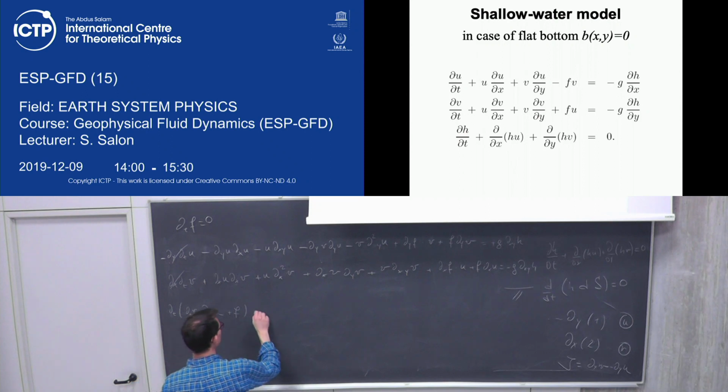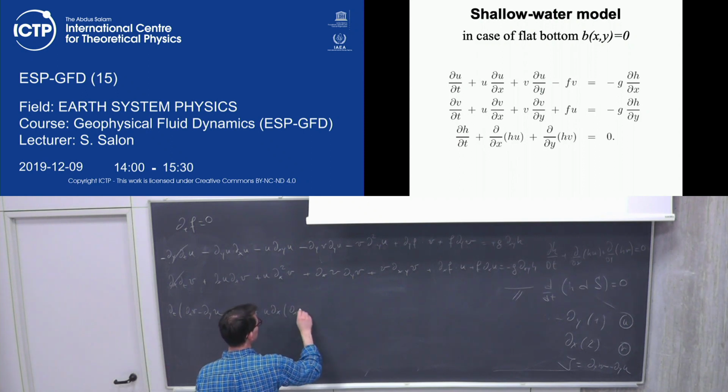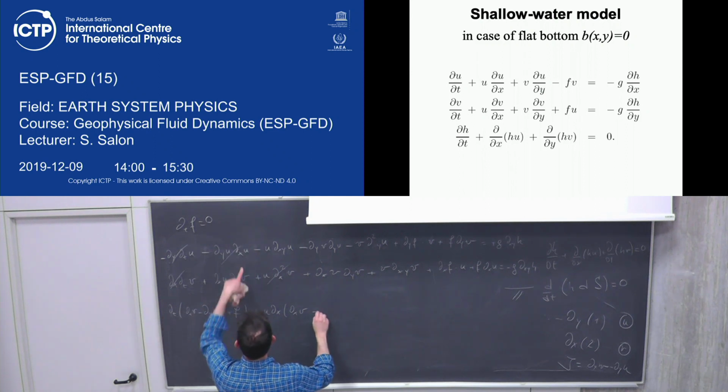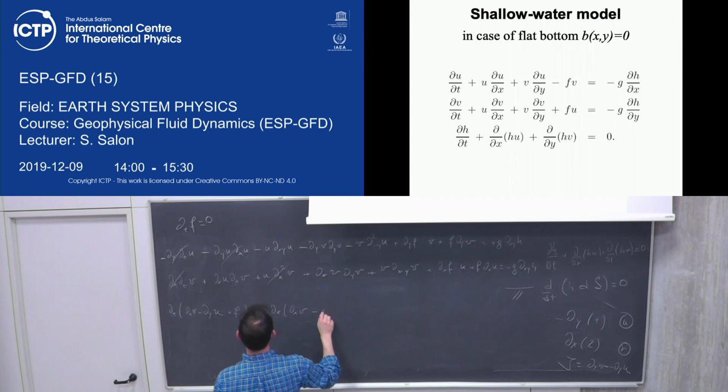Then I have plus u d x advection. So u d x, I have d x v, and this one, so it's minus d y u.